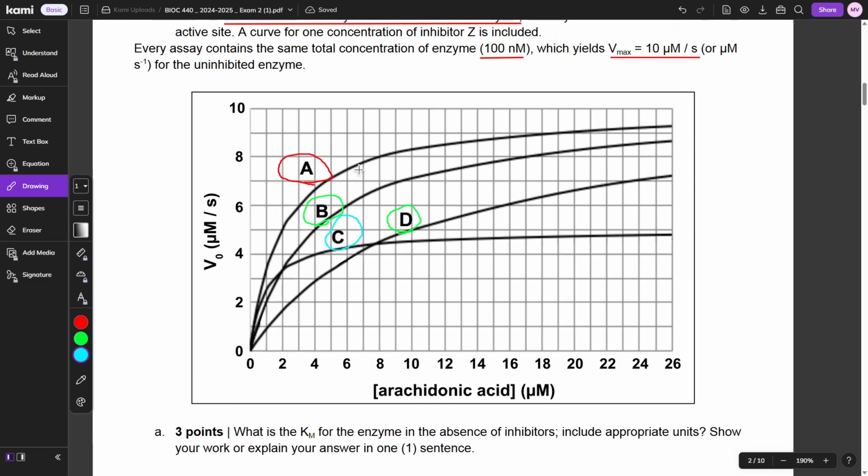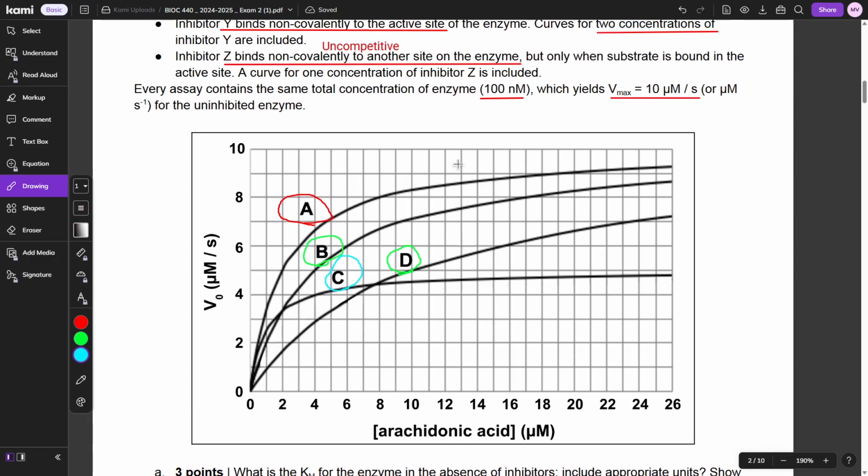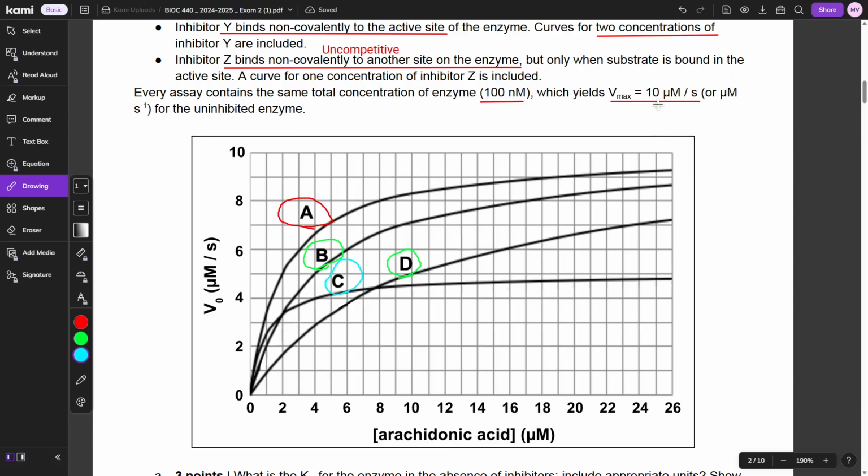We decided based off this curve that curve A is going to be our wild type enzyme, so we just have to look at the point at which we get to 5 micromolar per second, because the max is 10, and the Km is the substrate concentration at 1/2 Vmax.